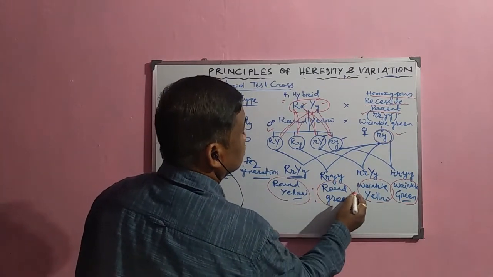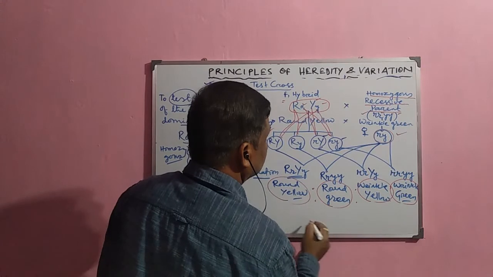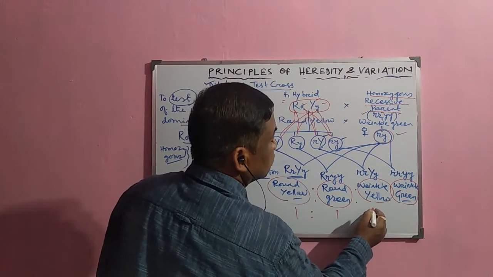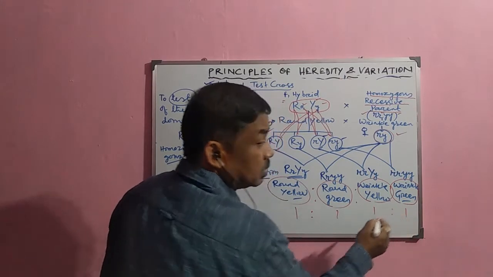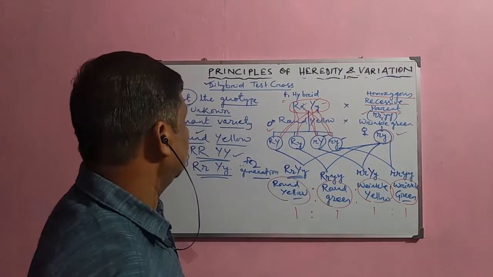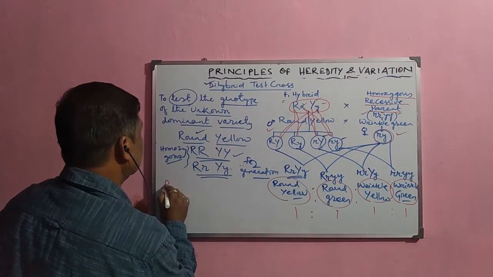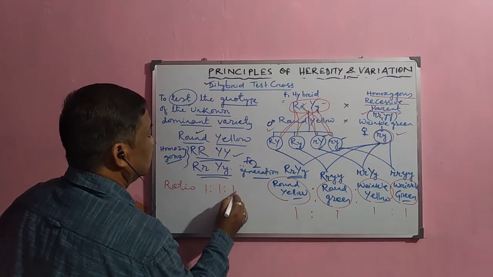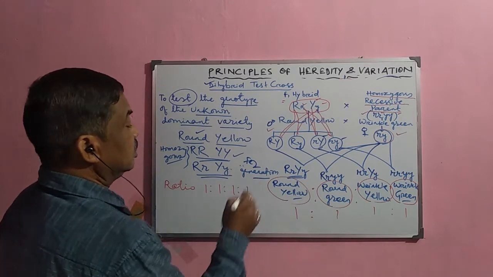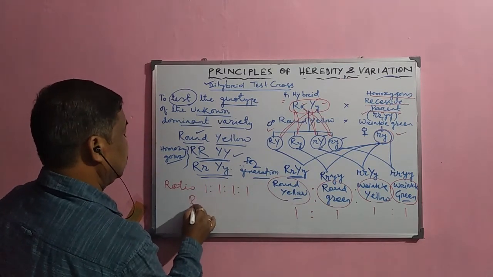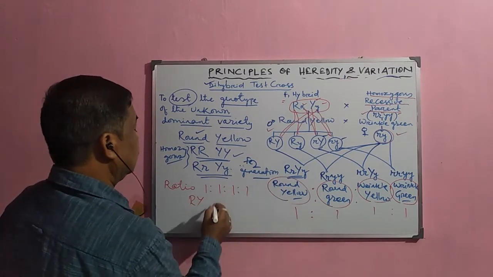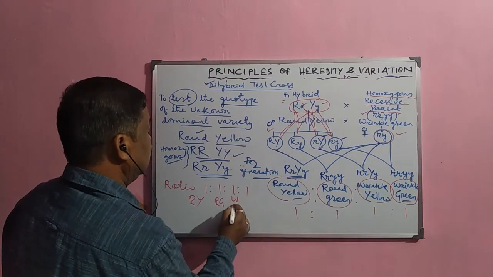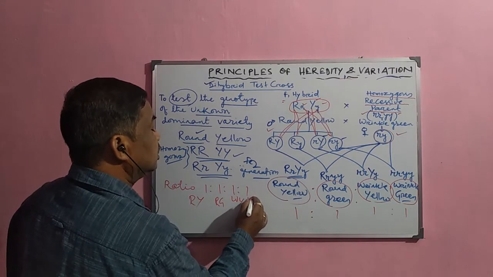If all are equal in number, the ratio is 1:1:1:1. That is round yellow, then round green, then wrinkled yellow and wrinkled green.